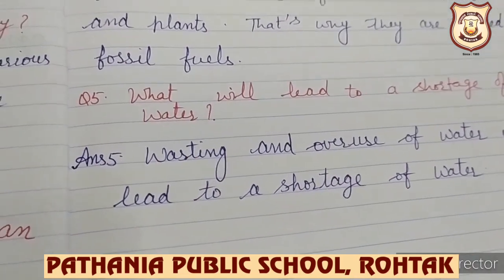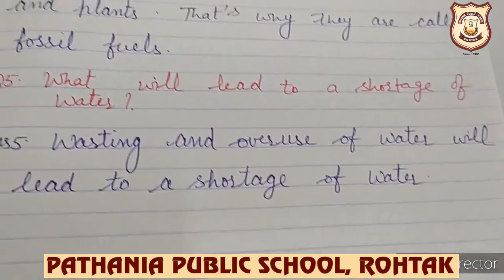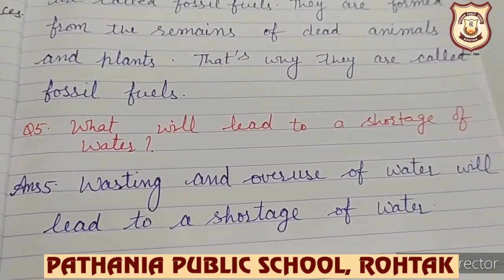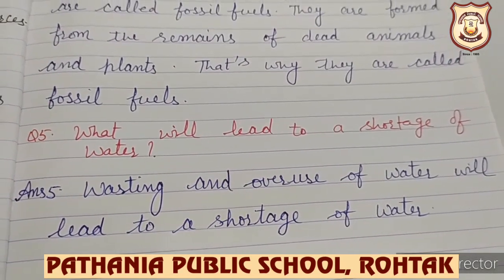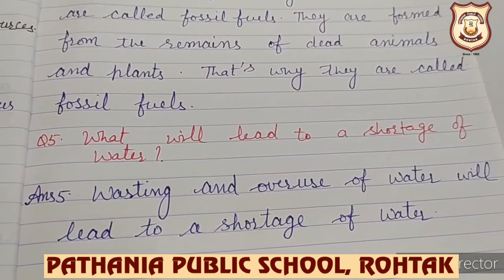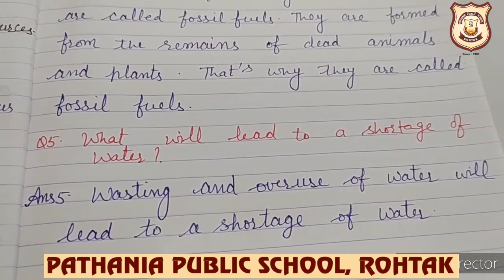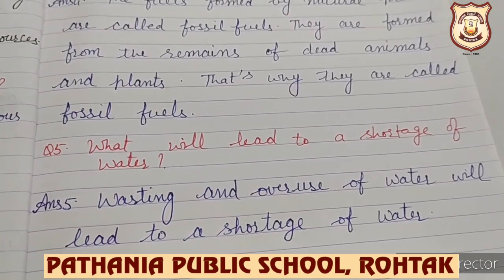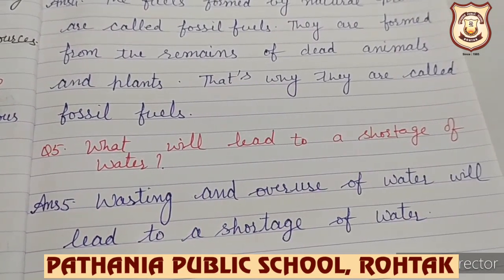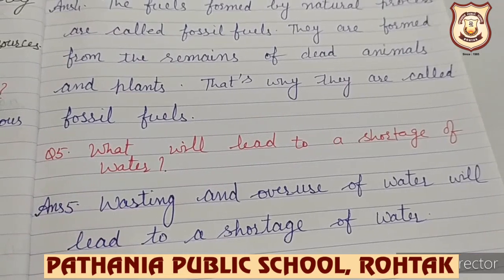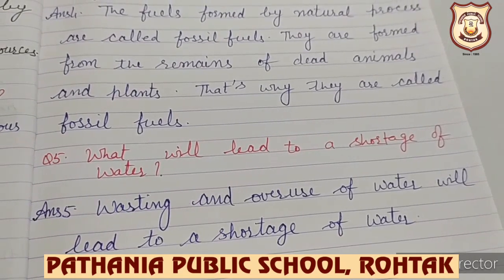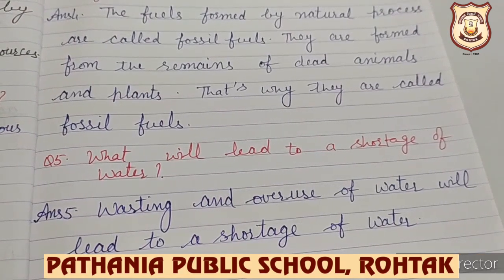So children, we have to save water. Otherwise, the situation will be very worst, isn't it? So we have to take care. Any leaky pipes or leaky taps, we have to get them repaired quickly. We must not waste water. If mama is using water for washing vegetables, that water we can use in our garden.